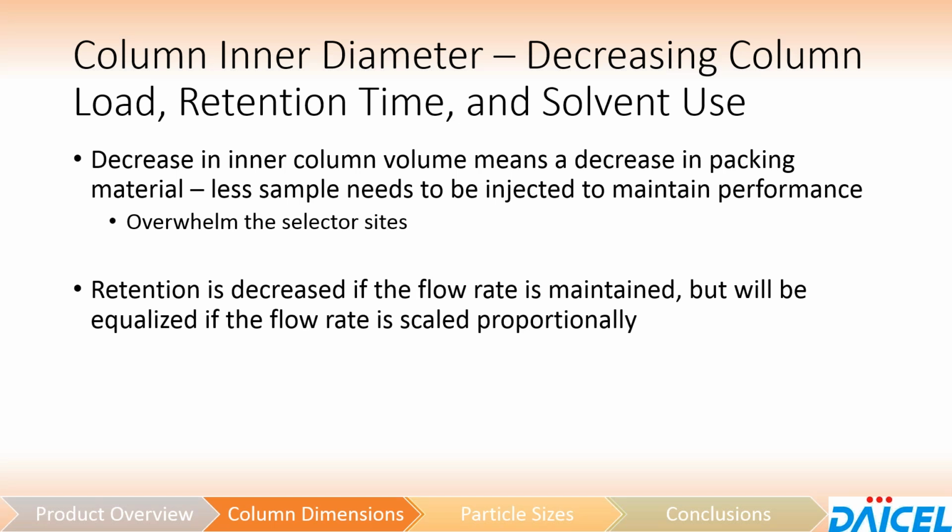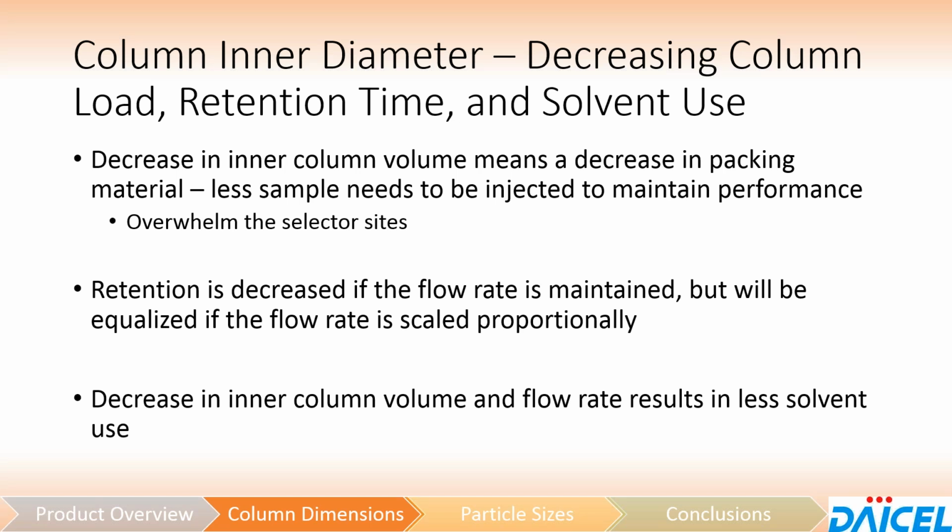Retention is decreased if the flow rate is maintained, meaning if you have a 4.6 millimeter ID column at 1 mL a minute and you flow it on a 3 millimeter column at 1 mL a minute, you will have obviously less retention. But it will be equalized, as I mentioned before, if the flow rates are scaled proportionally, or at least close to being equalized.